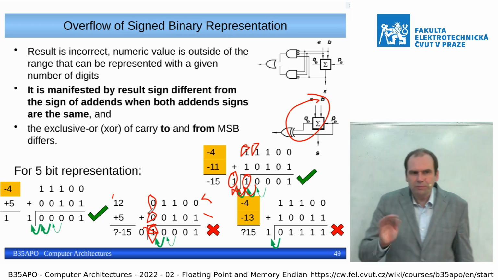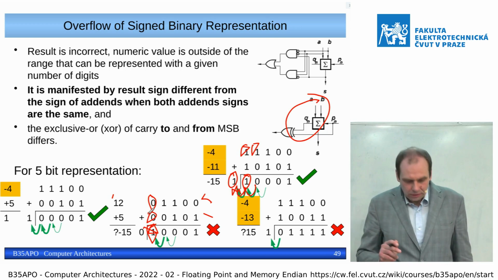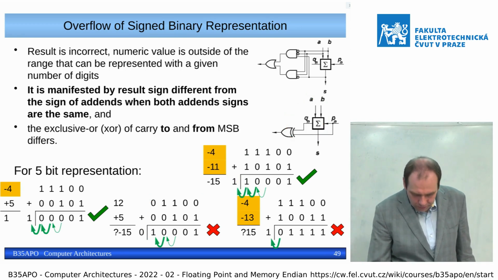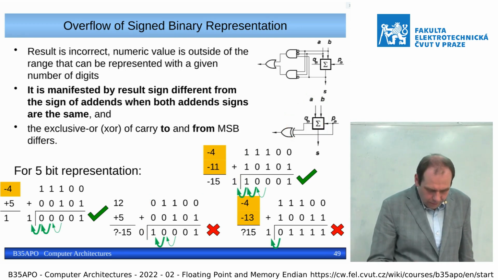Okay, not for the floating point. There it is more complex, yes? So for this example, 12 plus 5 doesn't work, but if we had 12 plus 4, that's the boundary that would work.